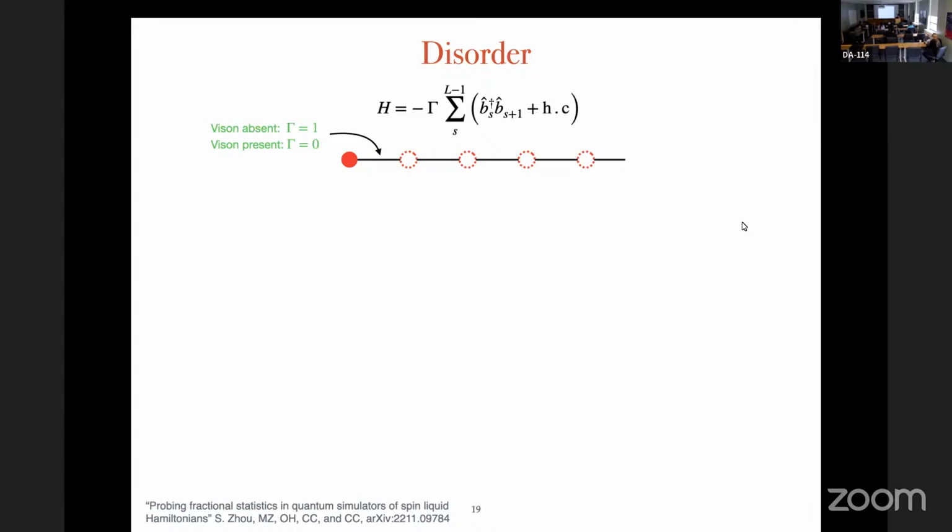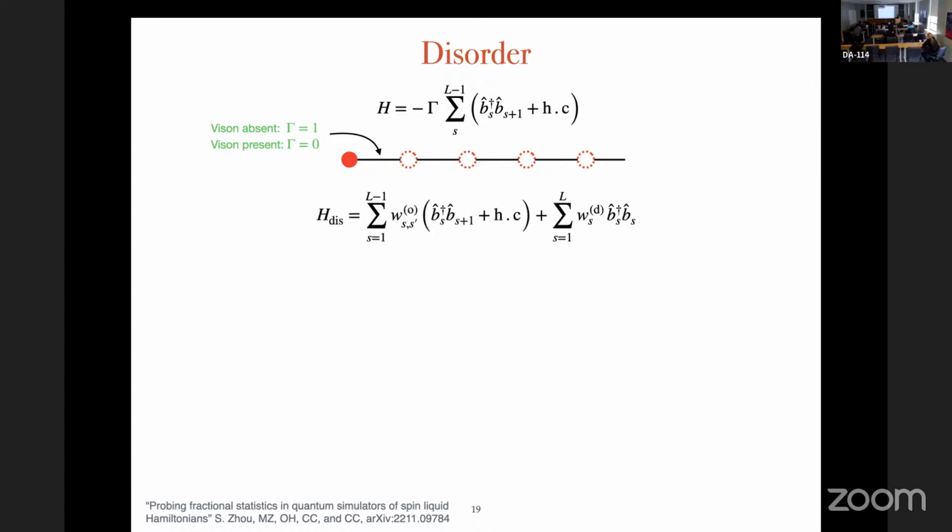Here gamma is the hopping amplitude, and B dagger B is the boson creation and annihilation of a single spinon on site S. The hopping amplitude between two adjacent sites indicated by the bond here can take two different values, 1 and 0. If it's 1, that indicates the absence of vison. If it's 0, that indicates the presence of vison in a clean environment.